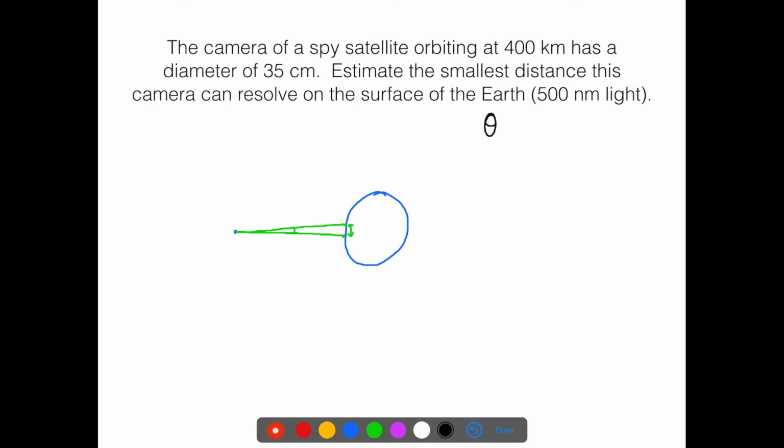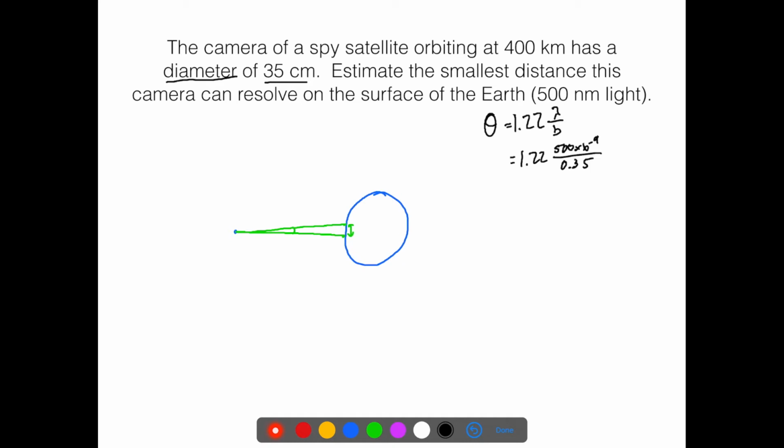Now, the formula that we were given on the previous page was for a circular aperture, which we're going to assume since it says diameter, that the angle equals 1.22 times lambda over b. So we can put in 1.22, we can put in the wavelength, which is 500 times 10 to the negative ninth, and we can put in b, the diameter of our slit, 0.35, and we can now plug this into our calculator to solve.